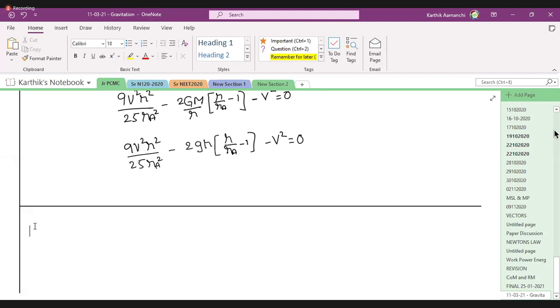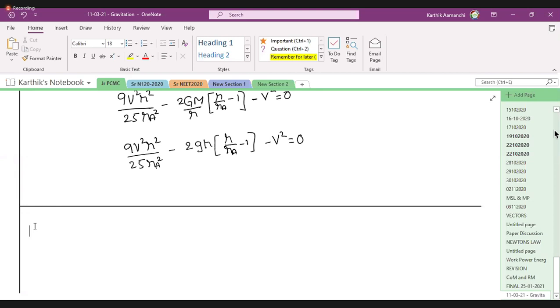Take down the mass and diameter of a planet are three times of the respective values for the Earth.